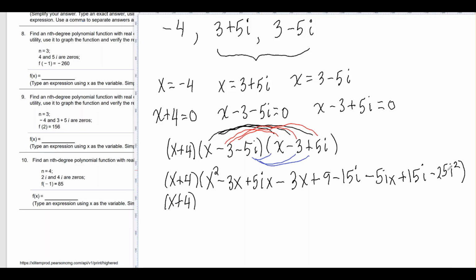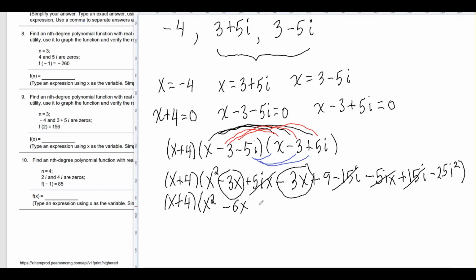I have no other x squared, so that's going to be x squared. I have a minus 3x and another minus 3x, so that's a minus 6x. My 5ix and my minus 5ix cancel out. My negative 15i and positive 15i cancel out.